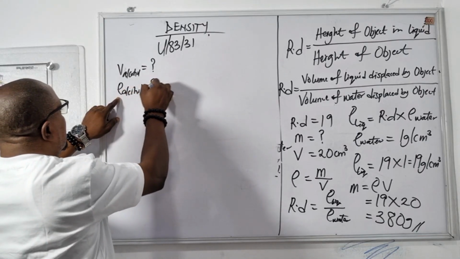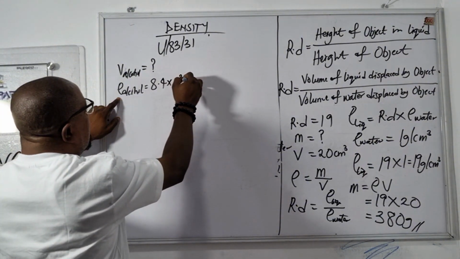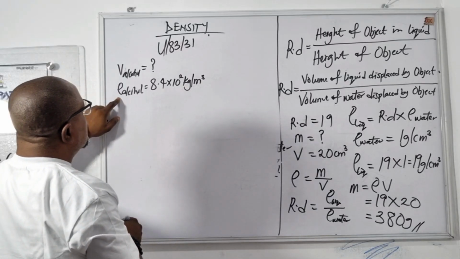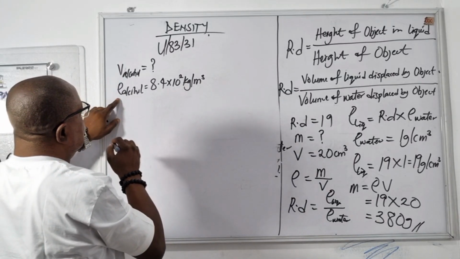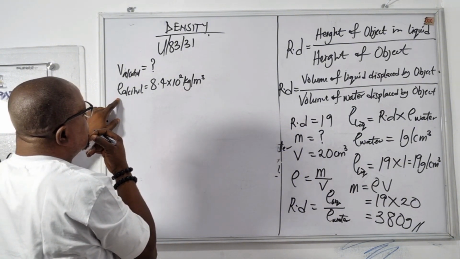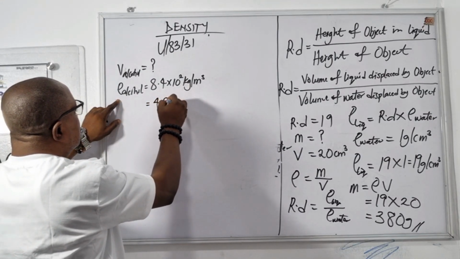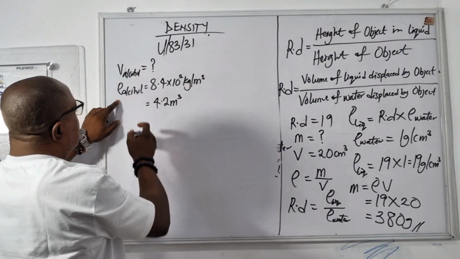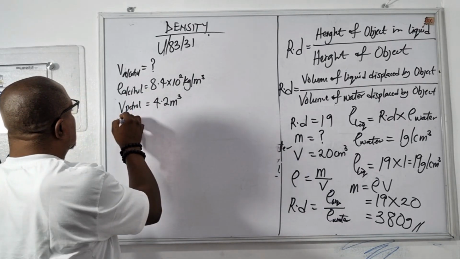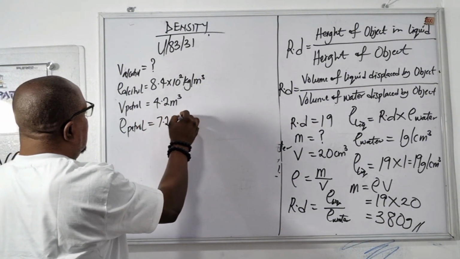8.4 times 10 squared kilogram per meter cube, that will have the same mass as 4.2 meter cube of petrol, whose density is 7.2 times 10 squared kilogram per meter cube.